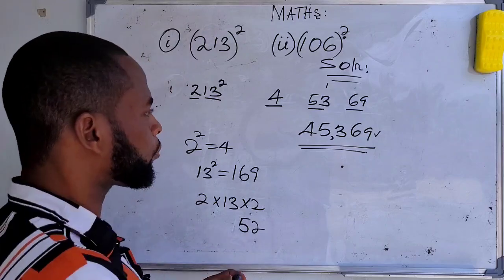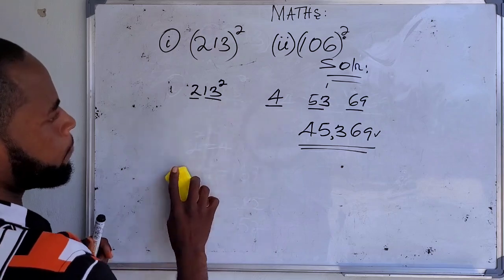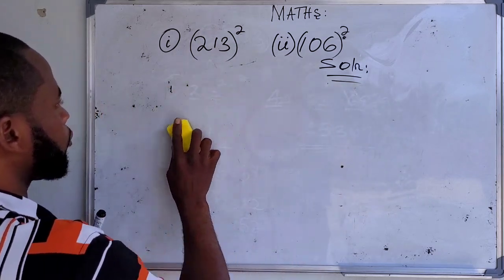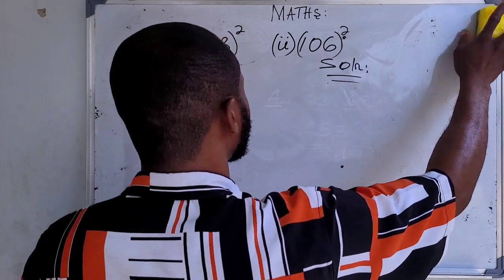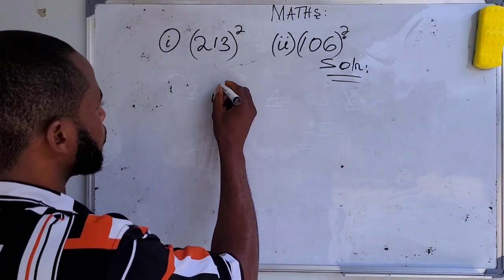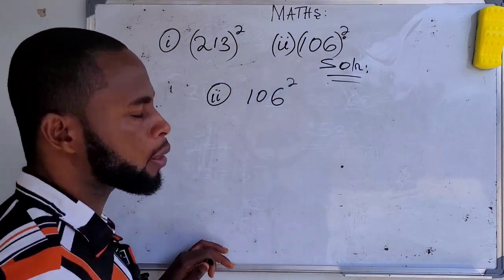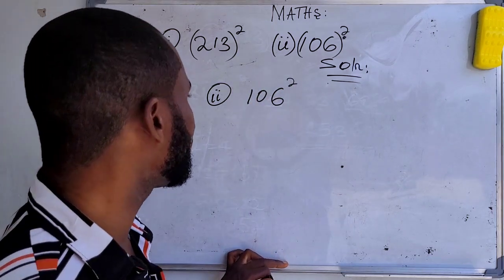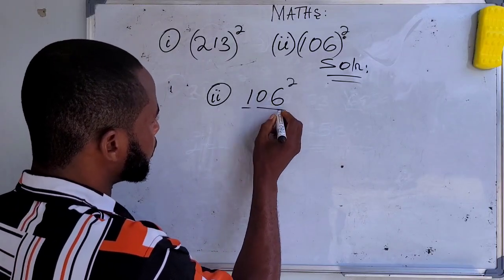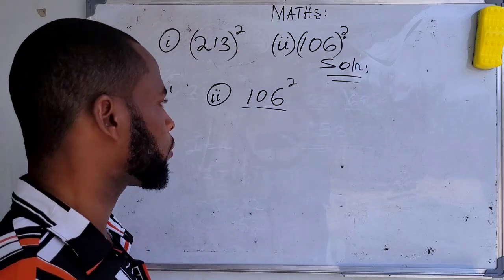Now we are going to consider example 2. We are still going to apply the same approach. Now we have 106 square. We are going to divide this number still into two parts, that is 1 and 06.